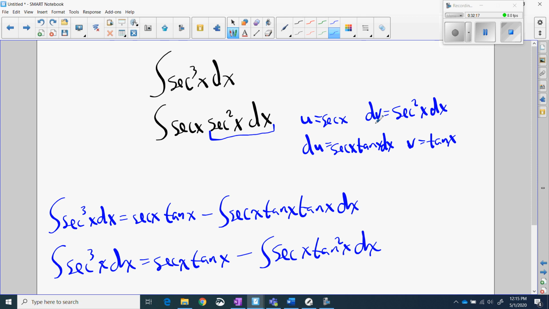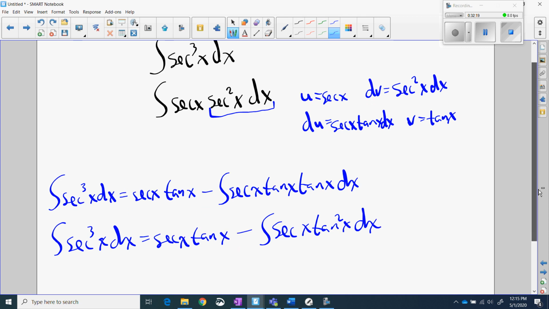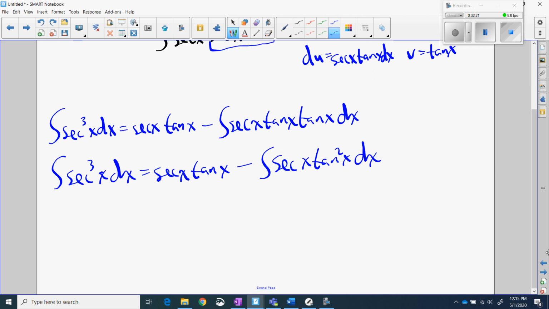At first glance, it really doesn't appear to be, but this is kind of where the trickery comes in. From experience, we have found that tan squared of an angle is equal to secant squared x minus 1, because 1 plus tan squared is secant squared. So I'm going to replace that with secant squared x minus 1.